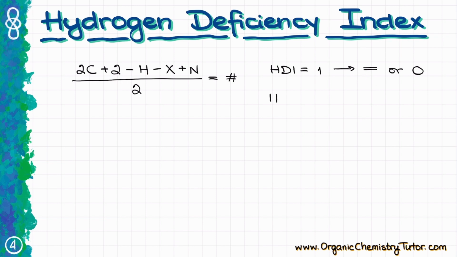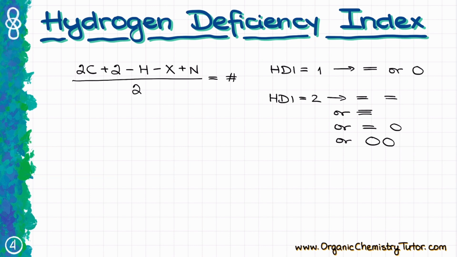If my HDI is 2, then I can expect 2 double bonds, I can expect a triple bond, or I can expect a double bond and a ring, or I can expect 2 rings in my structure.